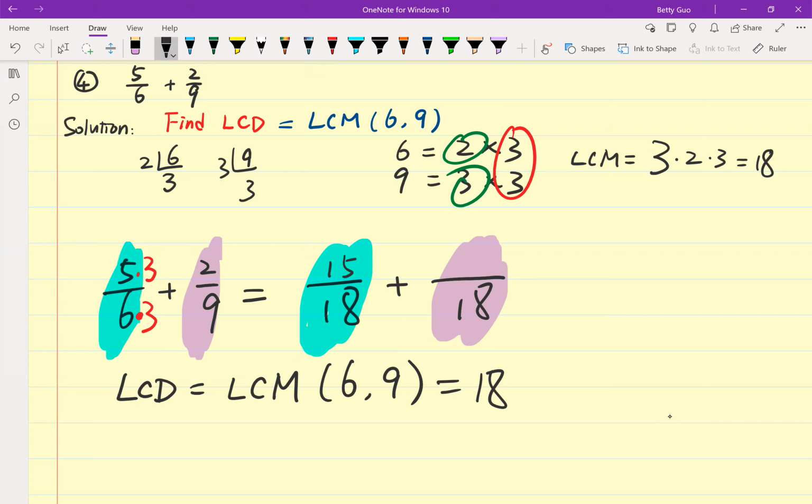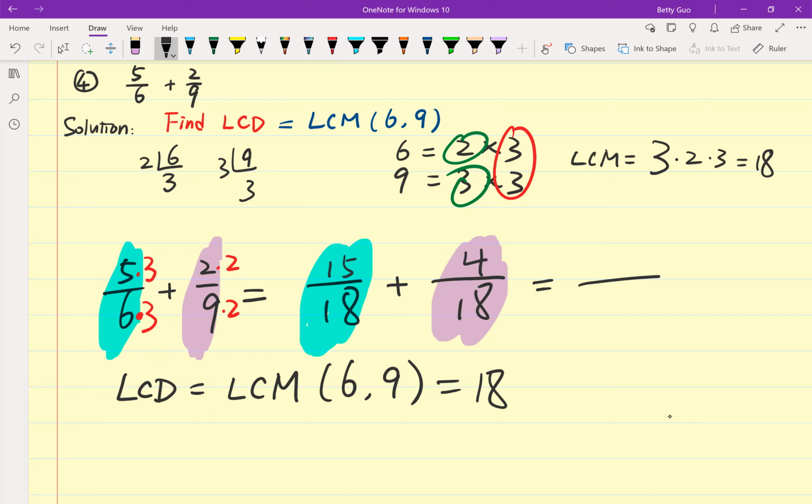Correct? The second fraction, the purple one. How do we go from 9 to 18 by multiplying a factor? 2. Awesome. So we multiply both top and bottom by 2. 2 times 2, 4. 9 times 2, 18, right? That's the multiplication property that I showed you at the very beginning of today. Finally, now they have the same denominators.